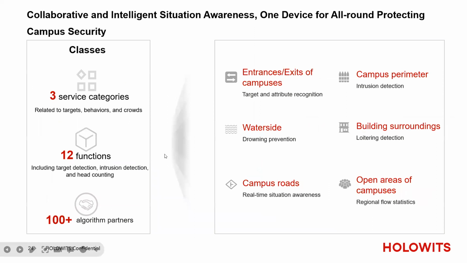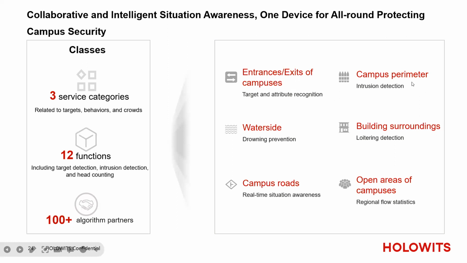And this introduces the intelligence related to targets, behaviors, and crimes, with 12 functions including target detection, intrusion detection, head counting, and so on. On the right is some intelligence recommended for different scenarios. Entries and exits of campus: you can use target and attributes recognition.